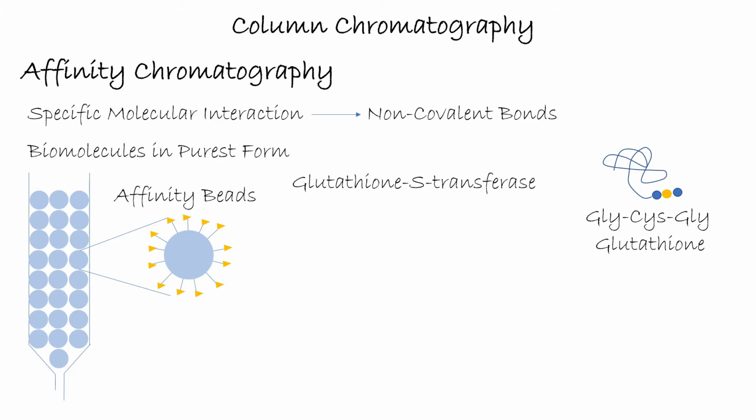This allows purification of recombinant proteins from a mixture. Or we can also use polyhistidine tagging, which can be separated by nickel, which has a very high affinity for polyhistidine. So, these are some of the molecular recognition techniques which are used to obtain biomolecules in their purest form.